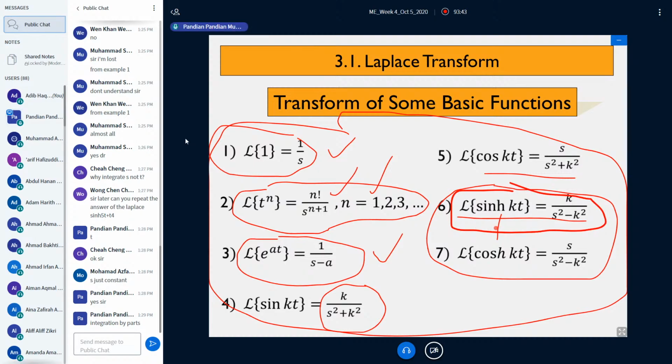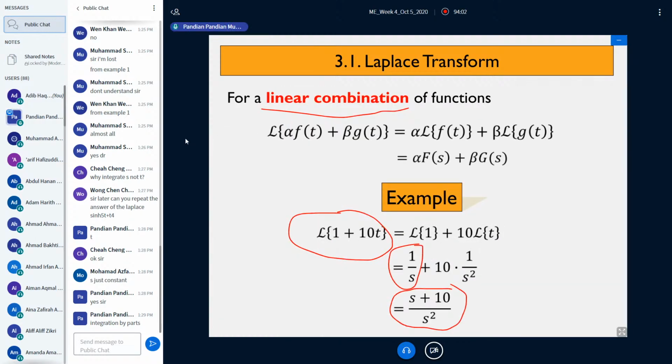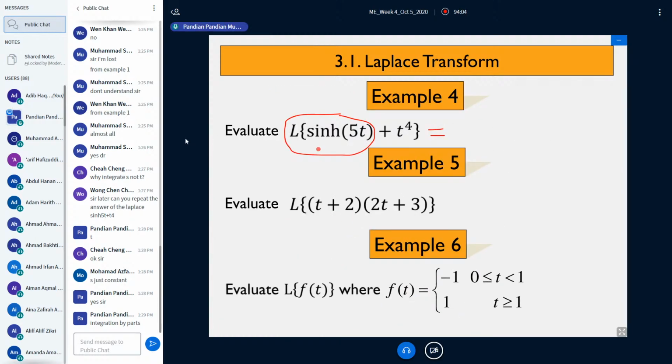So, Laplace of sinh kt is k over s squared minus k squared. Write down this formula first. Your k is 5. So the answer for Laplace of sinh 5t is 5 over s squared minus 25.